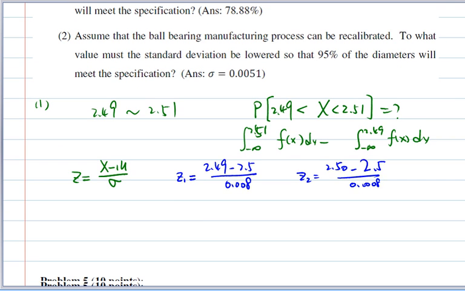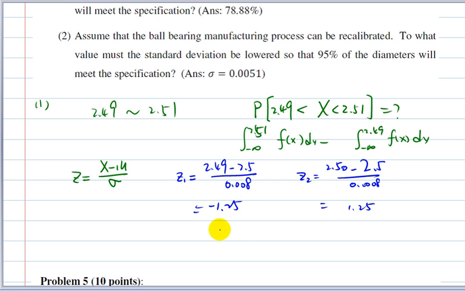You calculate that value. Let's see what this value is. I just want to show you how you would use this: it is equal to negative 1.25, and that is equal to 1.25.